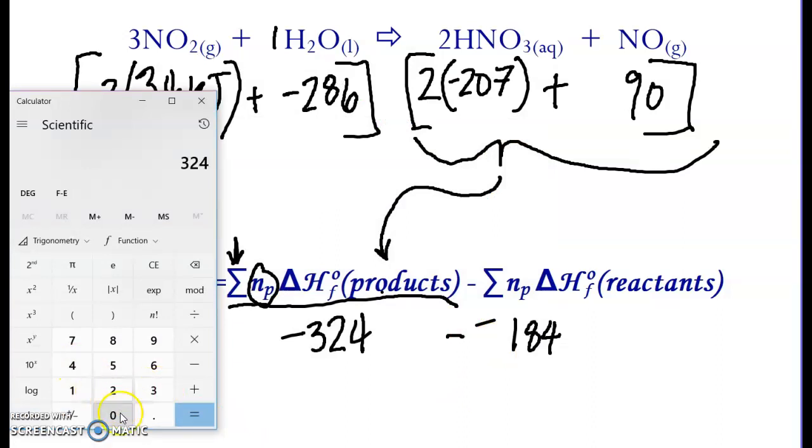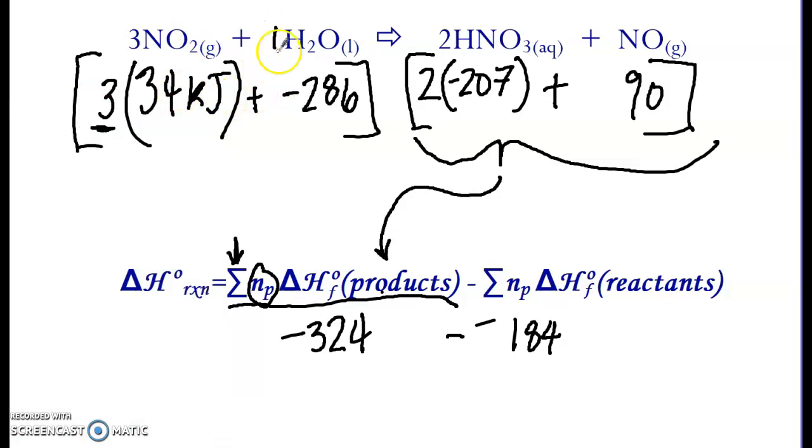Negative 324 minus negative 184 equals. There we go. So your answer for this reaction, the amount of energy that is given off, would be negative 140 kilojoules.